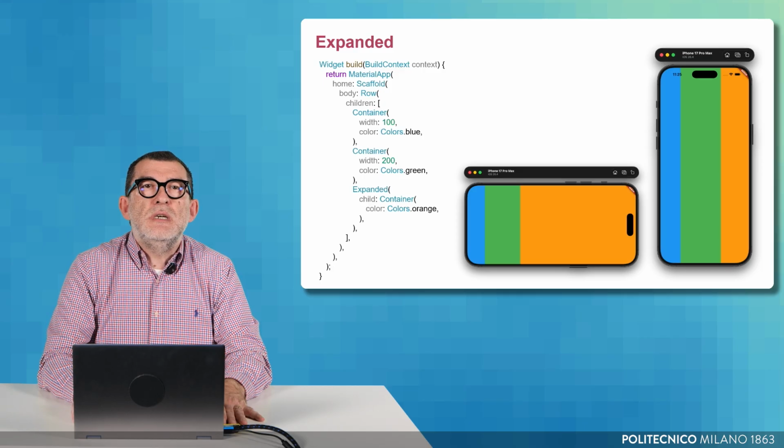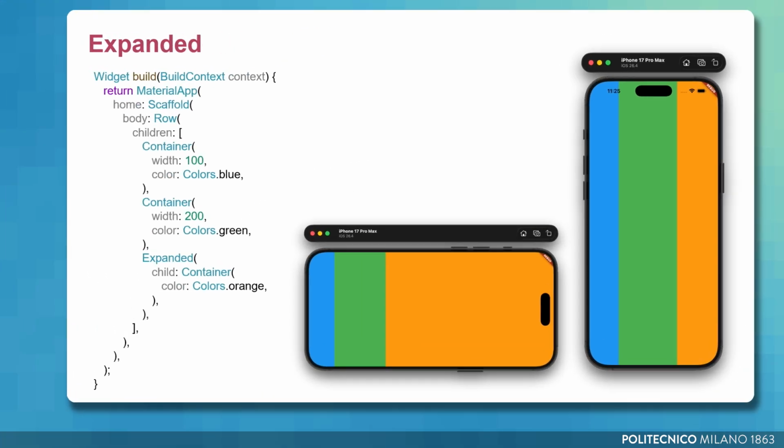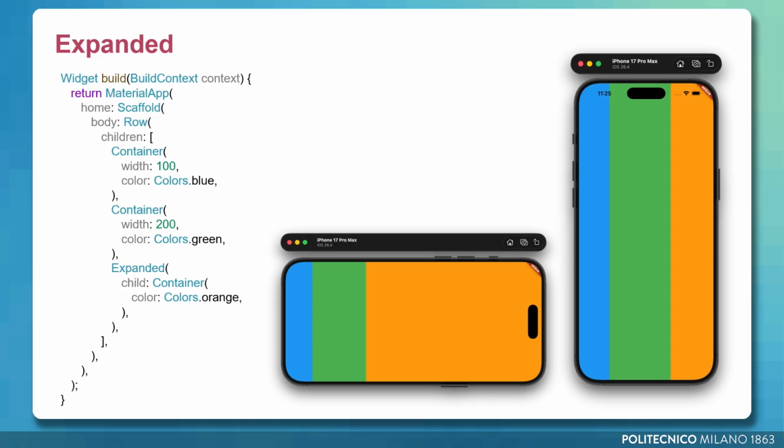Let's now consider a few simple examples. We have already seen a widget called Expanded. The idea behind using an expanded widget is that it can occupy all the available space. In this simple case, we don't need to go through every single line of code. We have two containers with width of 100 and 200 respectively, and the third one, the orange container, which is wrapped with expanded.